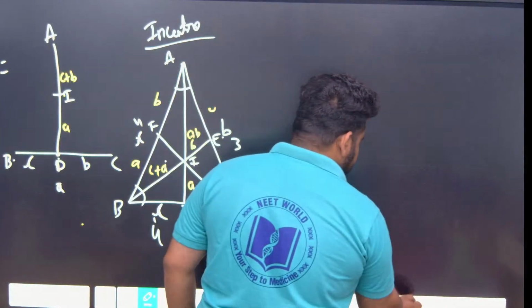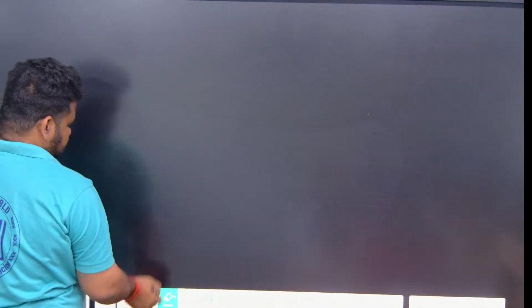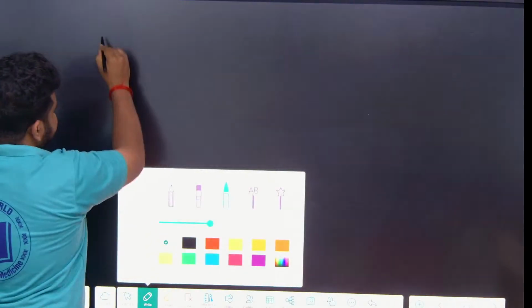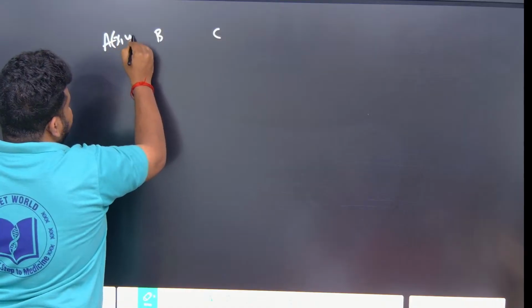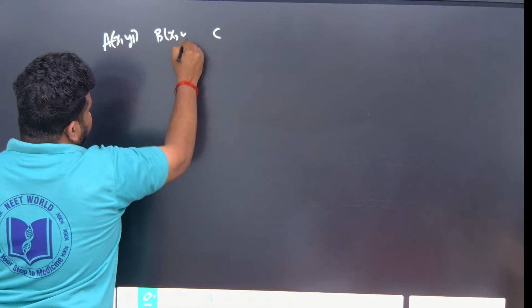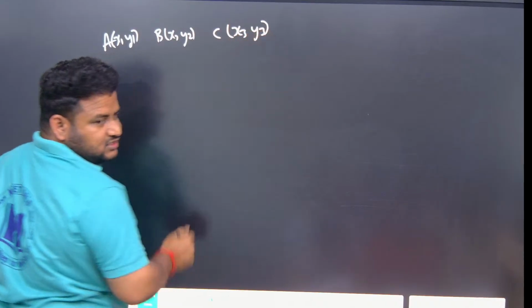before locus, if we talk about area of triangle, suppose the points are given as coordinates A, B and C: x1, y1, x2, y2, x3, y3. These are the coordinates that are given.